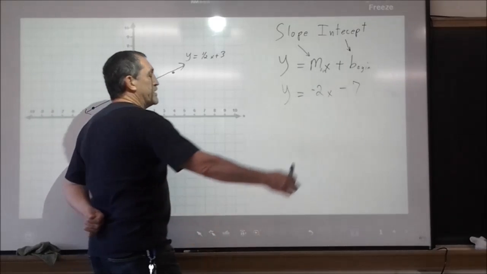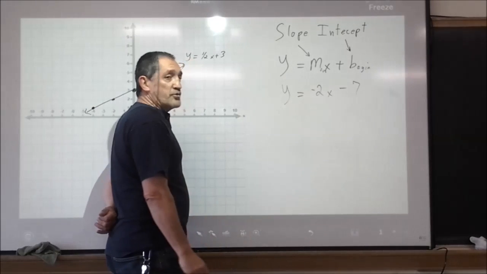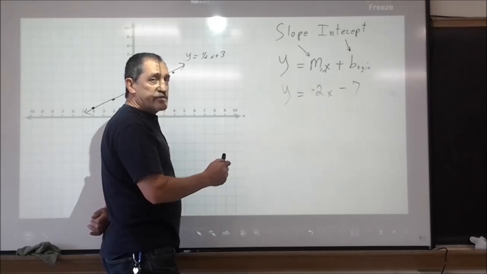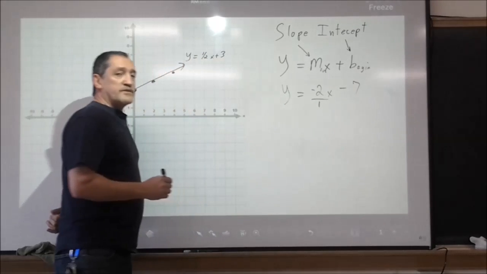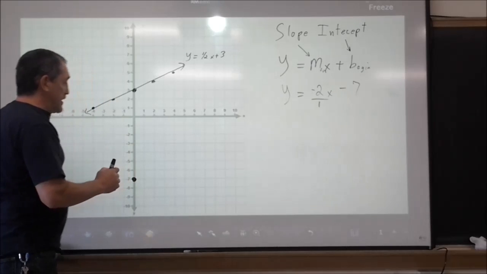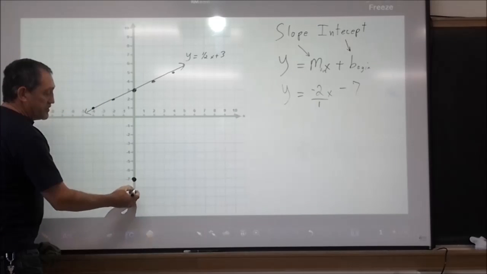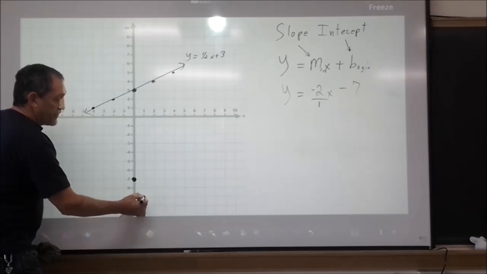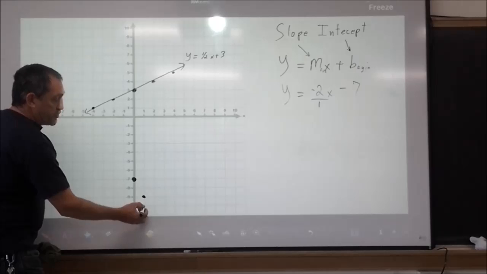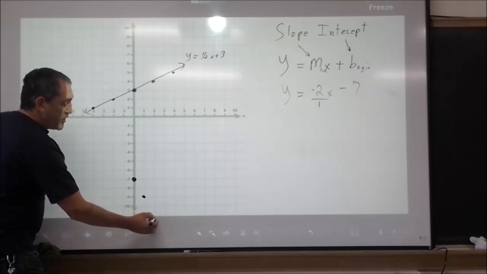This time we're going to rise -2. Well, that's not a fraction yet. Now it's a fraction: -2 over 1. So this particular time we're going to rise a -2 and run a positive 1. Rise a -2 more, run positive 1.